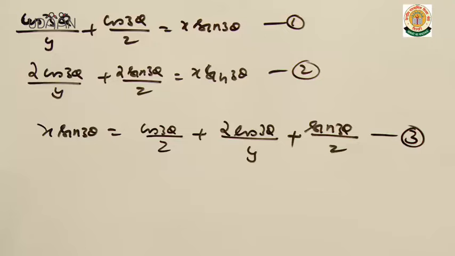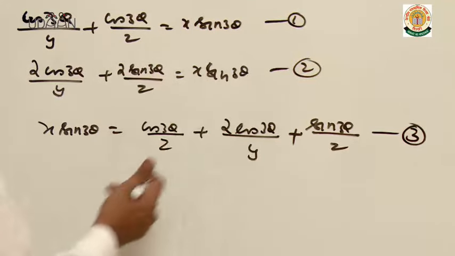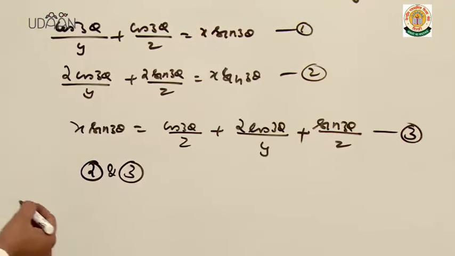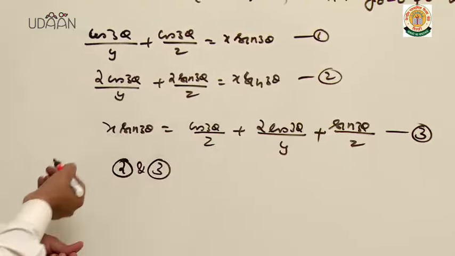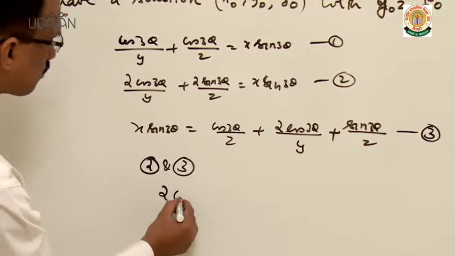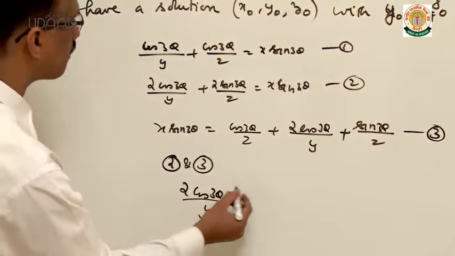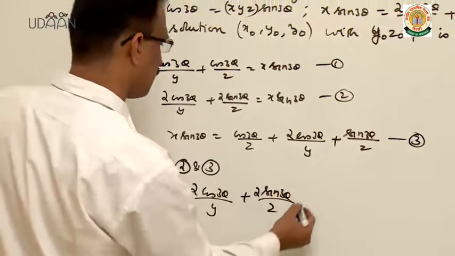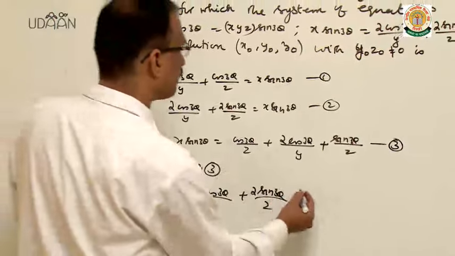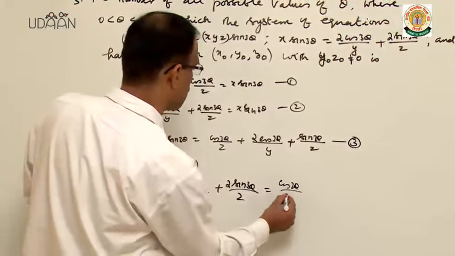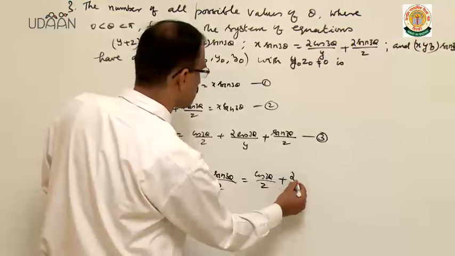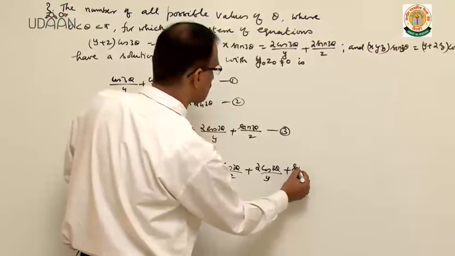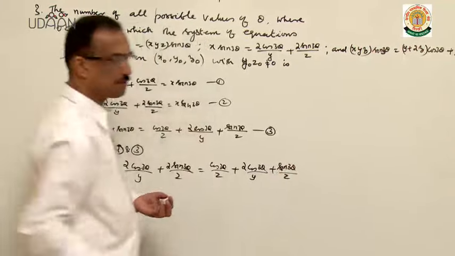So now from this, if you are comparing 2 and 3, this is x sin 3 theta, this is also x sin 3 theta, so we can write 2 cos 3 theta by y plus 2 sin 3 theta by z equals cos 3 theta by z plus 2 cos 3 theta by y plus sin 3 theta by z.